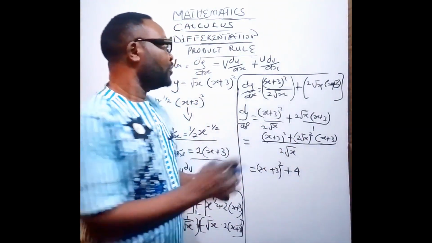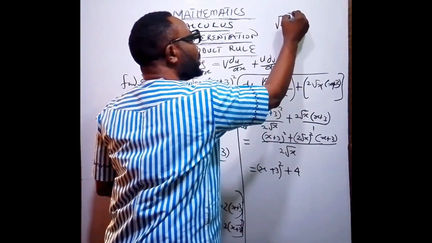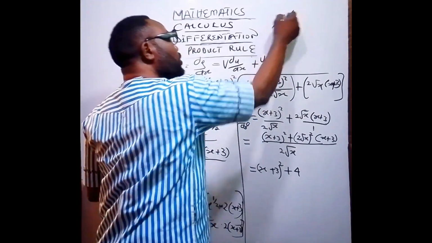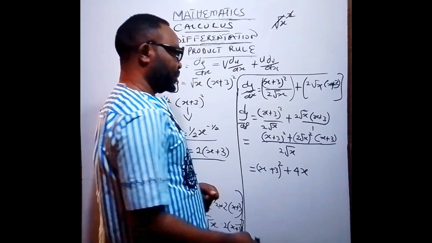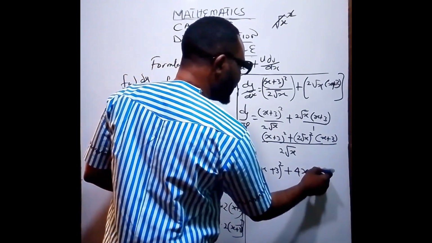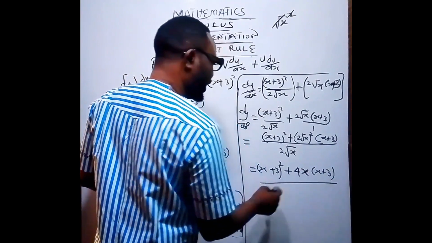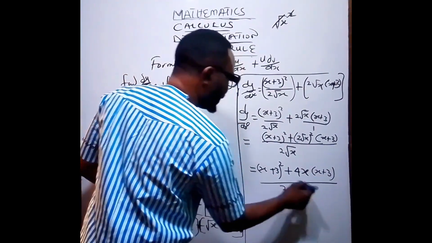But don't forget, whenever you have a root, the power of 2 and the square root will cancel one another out. So it makes that one become only x. Into bracket x plus 3. The simplification is working towards getting the answer over 2 root x now.